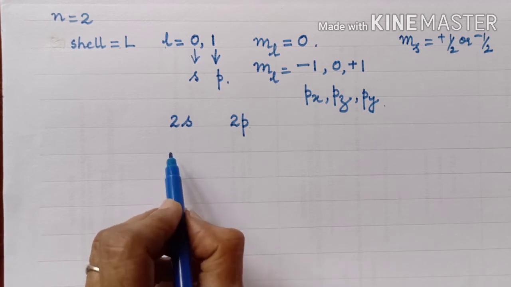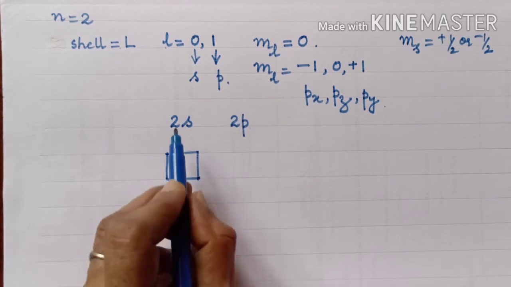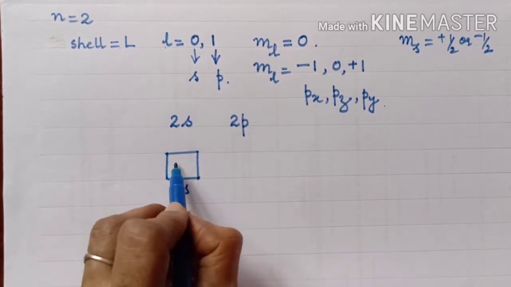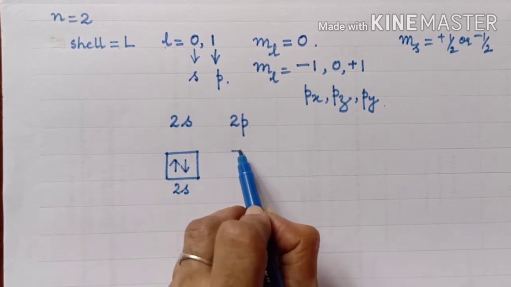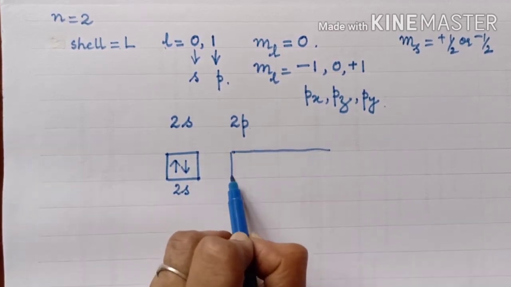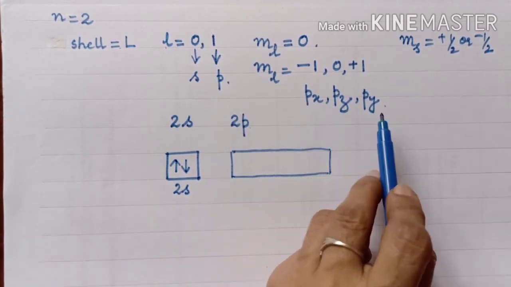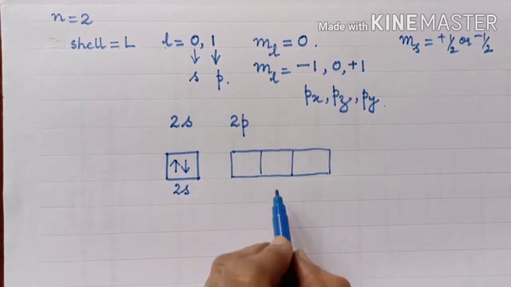So you find that when we depict the orbital diagram, 2s is having only one type and the maximum number of electrons possible will be 2 here. Whereas in 2p, you find that the p orbitals are of three different varieties: px, py and pz.